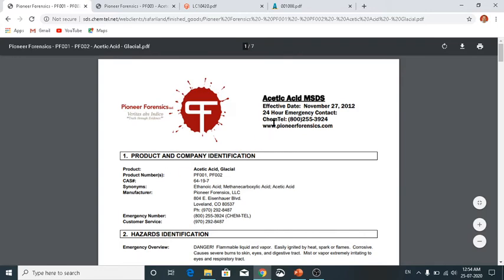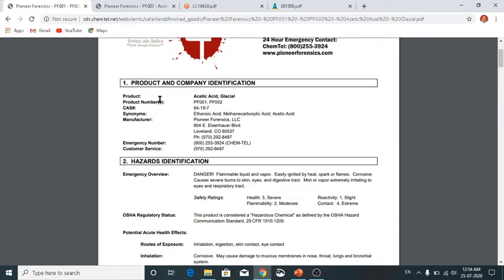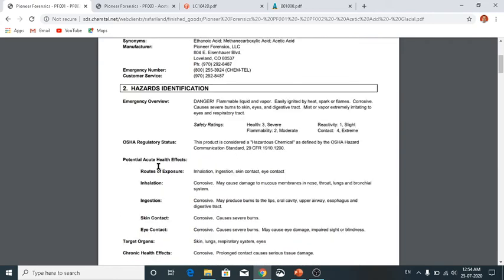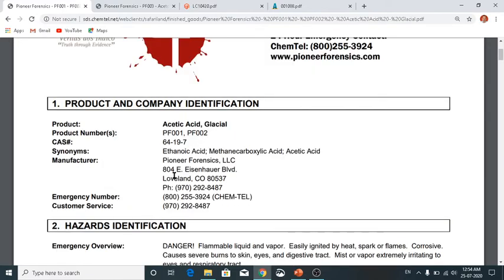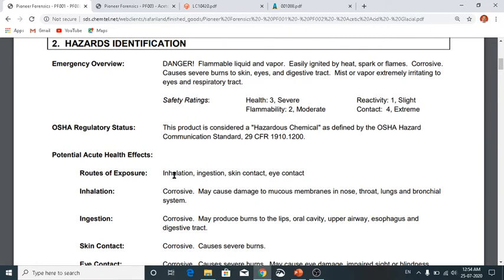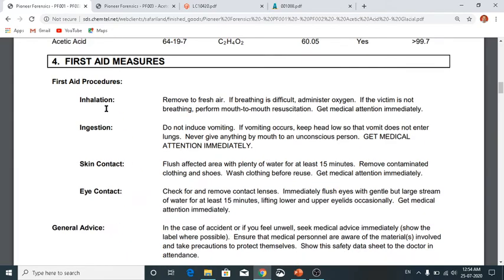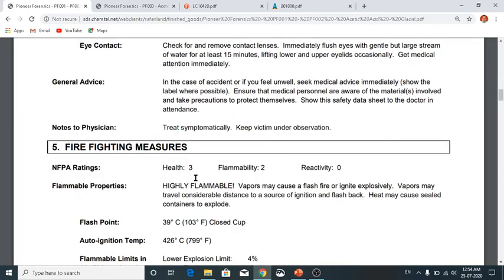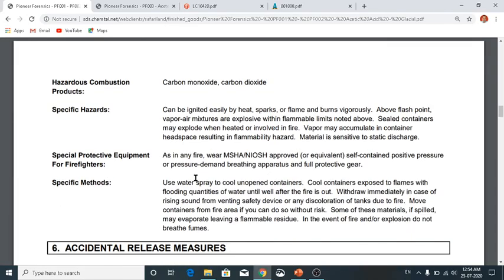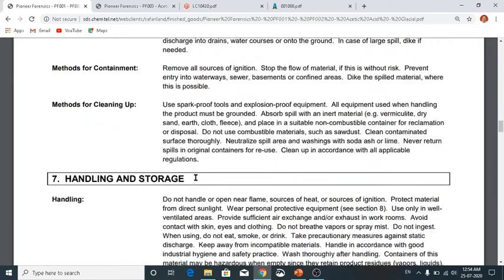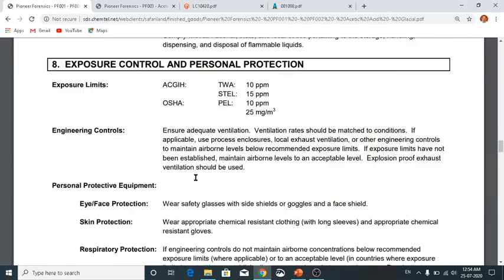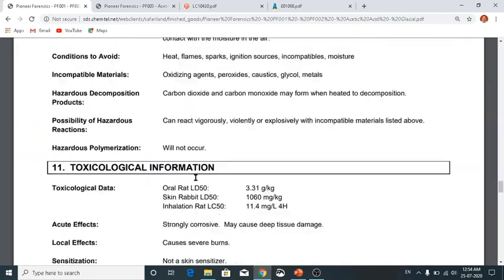So in the MSDS for acetic acid: product name, CAS number, other names, hazard identification, composition and information on ingredients, first aid measures, what to do after inhalation, skin contact, eye contact, firefighting measures, accidental release measures, handling and storage, exposure control, like this one.